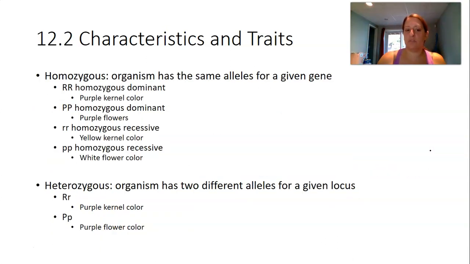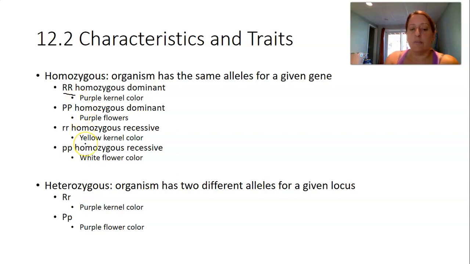Okay, so I've been using those terms, homozygous dominant, homozygous recessive. Let's put them on paper for us. So again, a homozygous organism is going to be one that inherits two of the same alleles for a given gene. So if we're talking in lab about kernel color, if we've got a purple kernel, that kernel could be big R, big R, homozygous dominant.